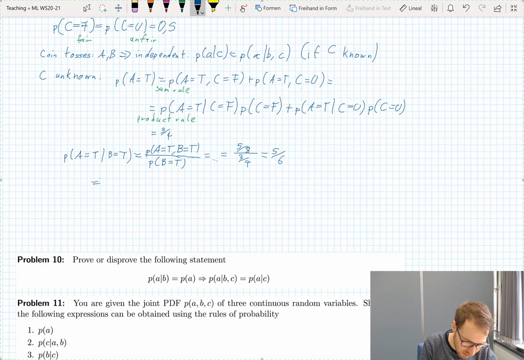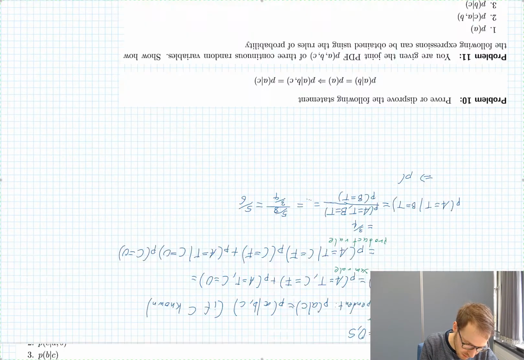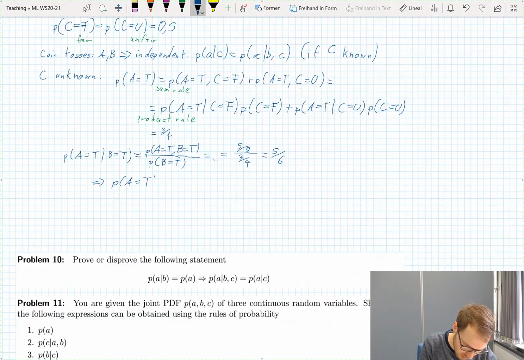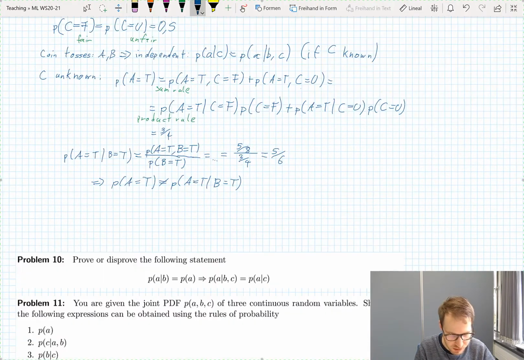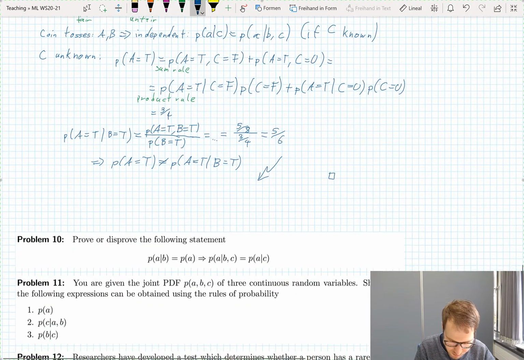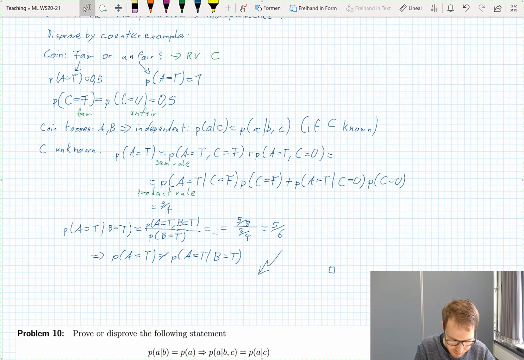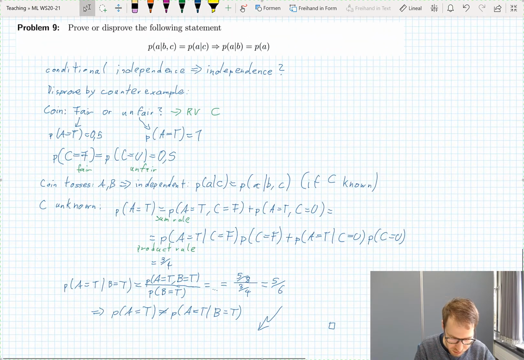And thus P of A equals T is not equal to P of A equals T, given that B equals T. And therefore we've disproven it. A working counterexample.